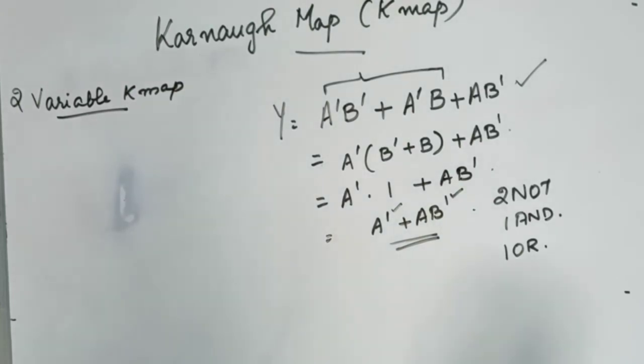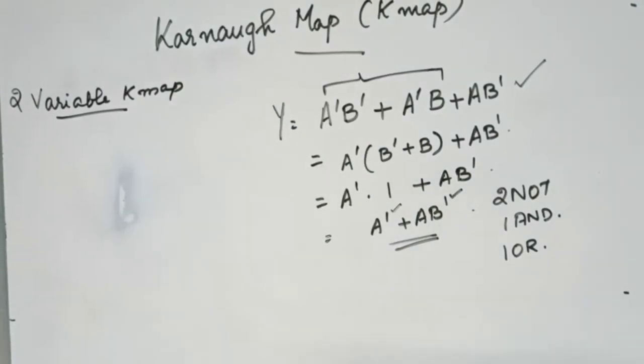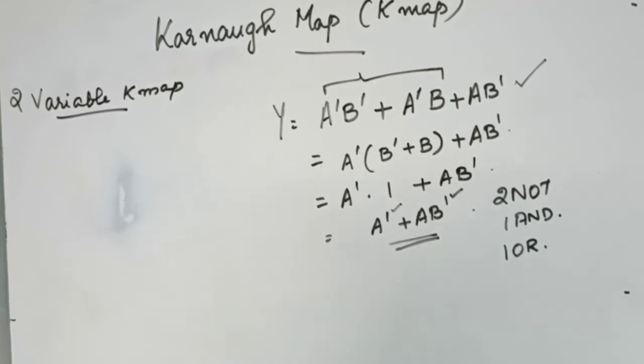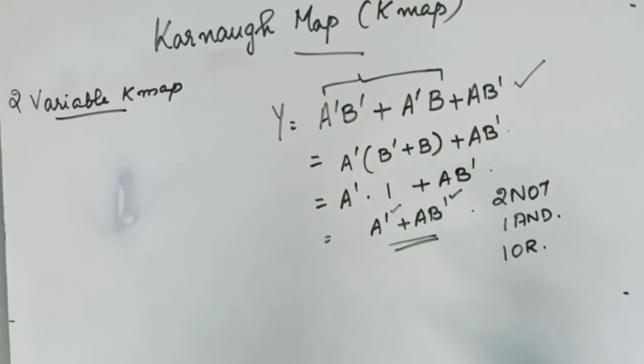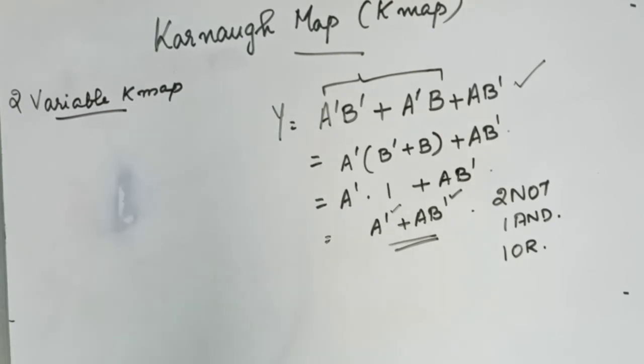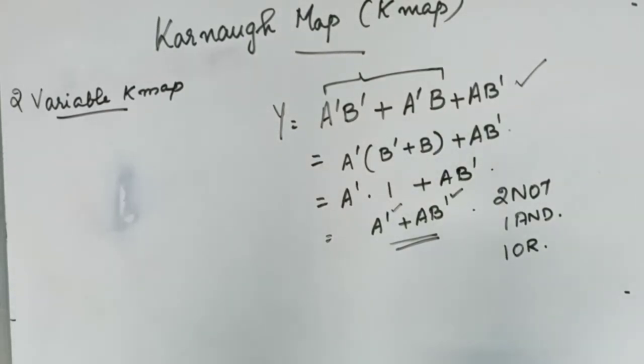So for that you go for the Karnaugh map. This is a method by which you can simplify the Boolean expression in a single step or 2 steps. You just need to know some rules, which will become quite easy for you as you practice. We'll be learning about 2 variable, 3 variable and 4 variable Kmap.